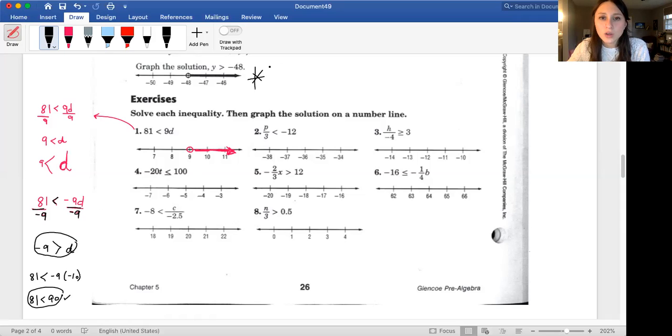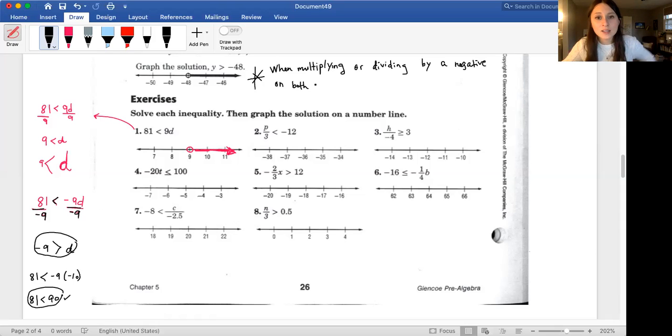So if you want to write this rule down on your page or in your notes, we're going to say a rule. When multiplying or dividing by a negative on both sides, it only works when you're doing it on both sides of the inequality sign.